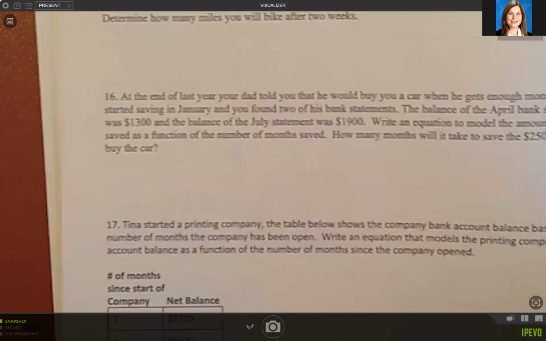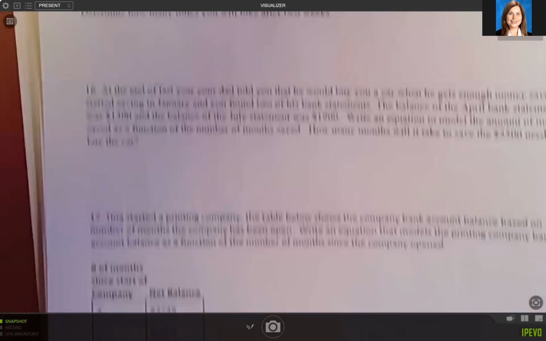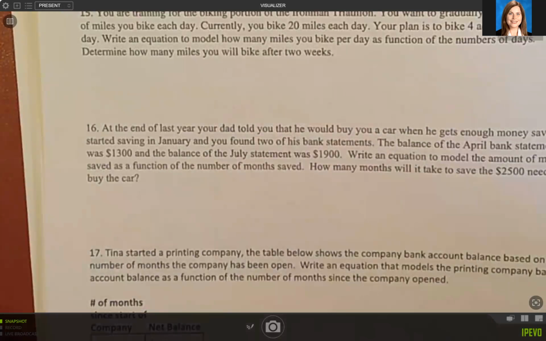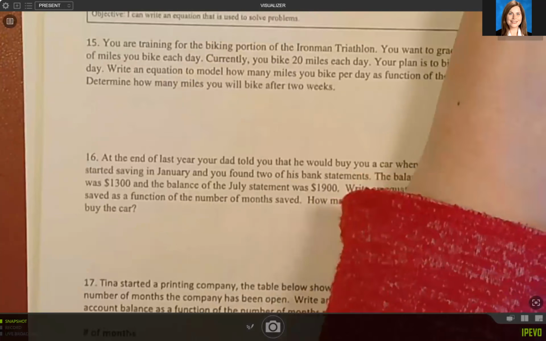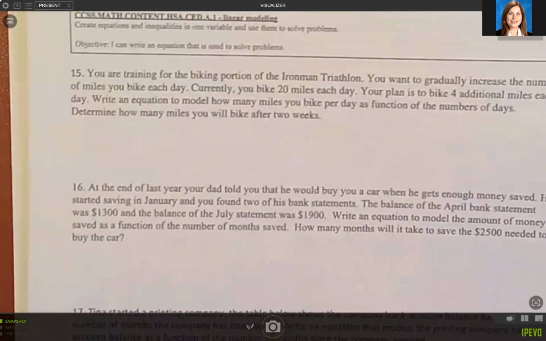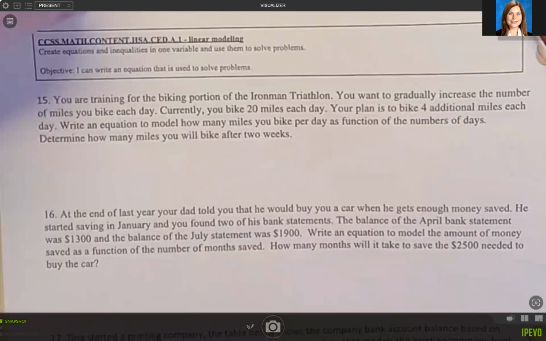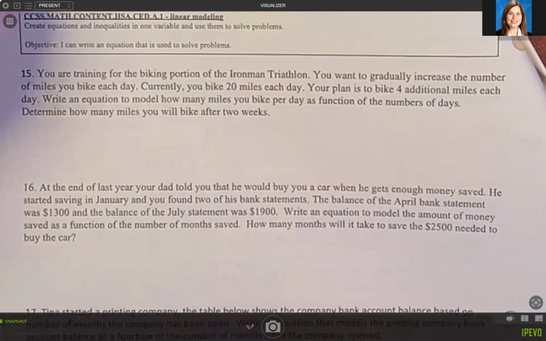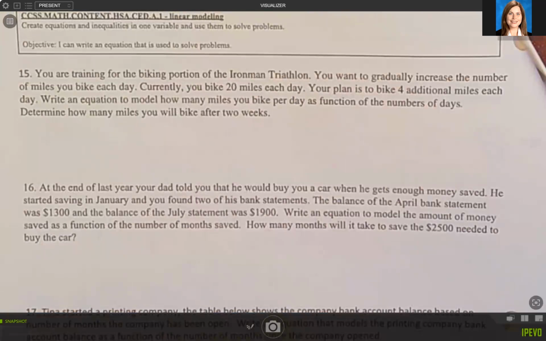Okay, 15. And this standard is I can write an equation that is used to solve problems. You are training for the biking portion of an Ironman triathlon.